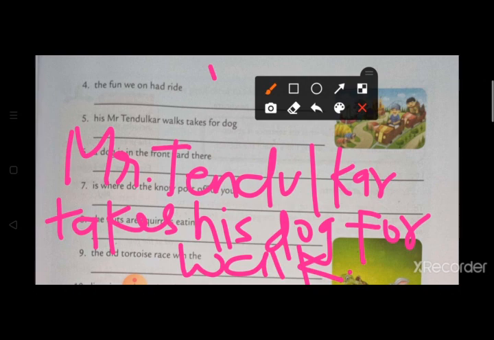Okay. Mr. Tendulkar takes his dog for walk.